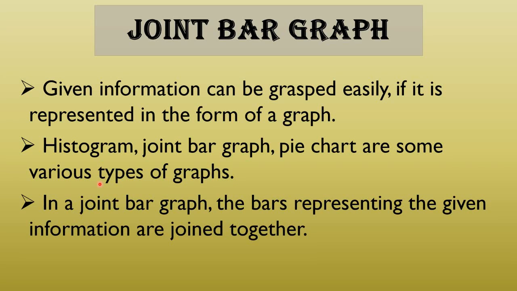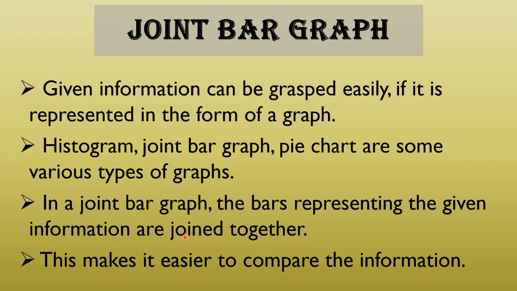In a joint bar graph, the bars representing the given information are joined together. This makes it easier to compare the information. So that's why we are using joint bar graph. Let's see one example of joint bar graph.